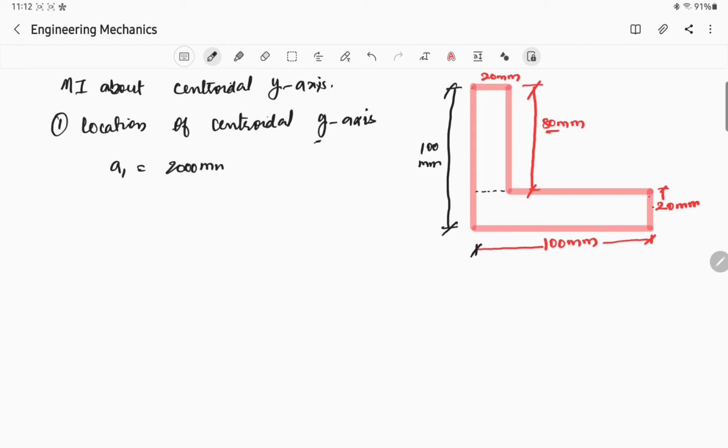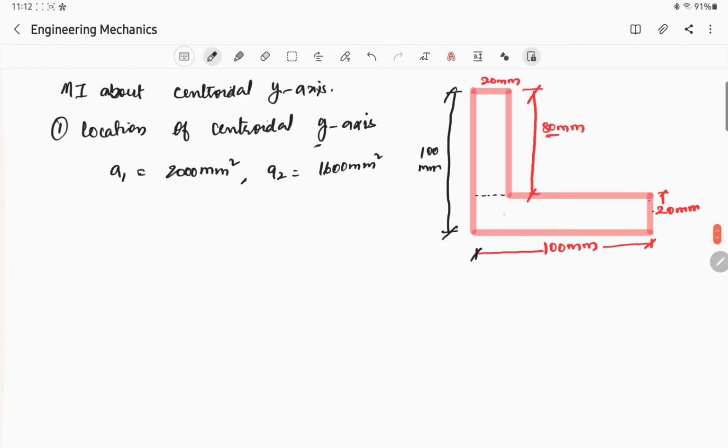We have A1 as 2000 mm square and A2 as 1600 mm square from the previous case itself. Areas will not change. This is first element and this is second element we have considered. To calculate the centroidal y-axis we need x1.